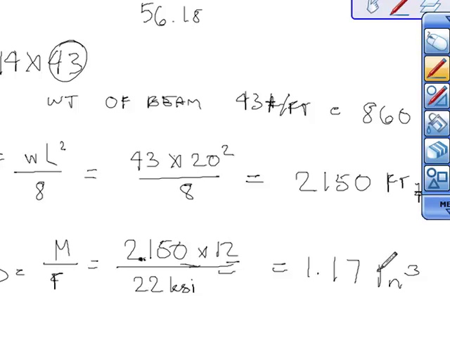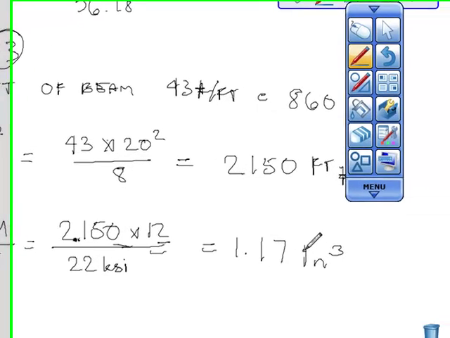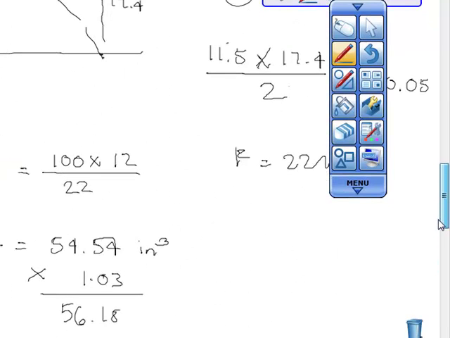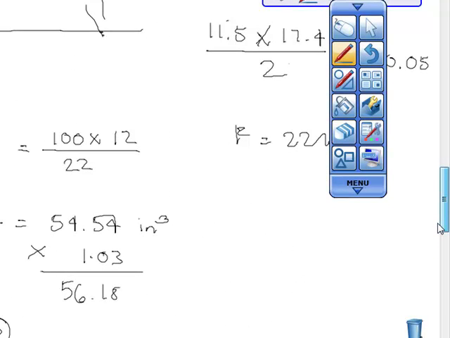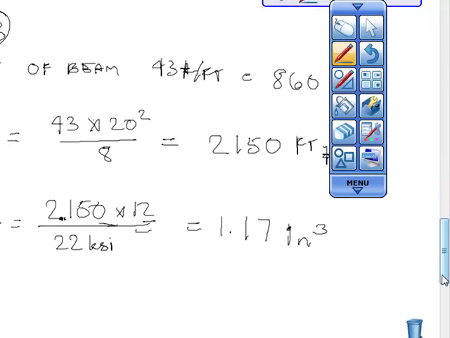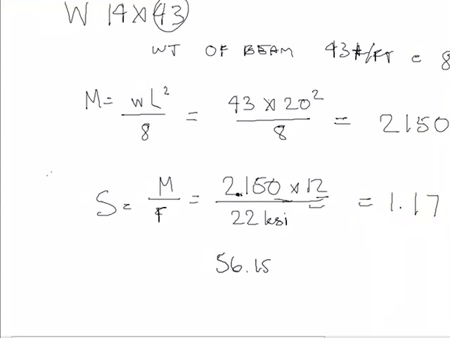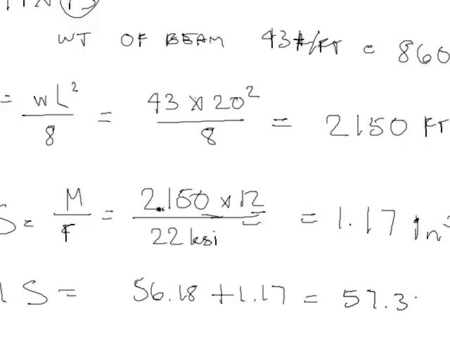I'm going to leave it like that. So the total S required for this beam is going to be what we got above here. What was that? 56.18 plus the beam itself, plus 1.17. This is total S. What does that equal? 57.35.